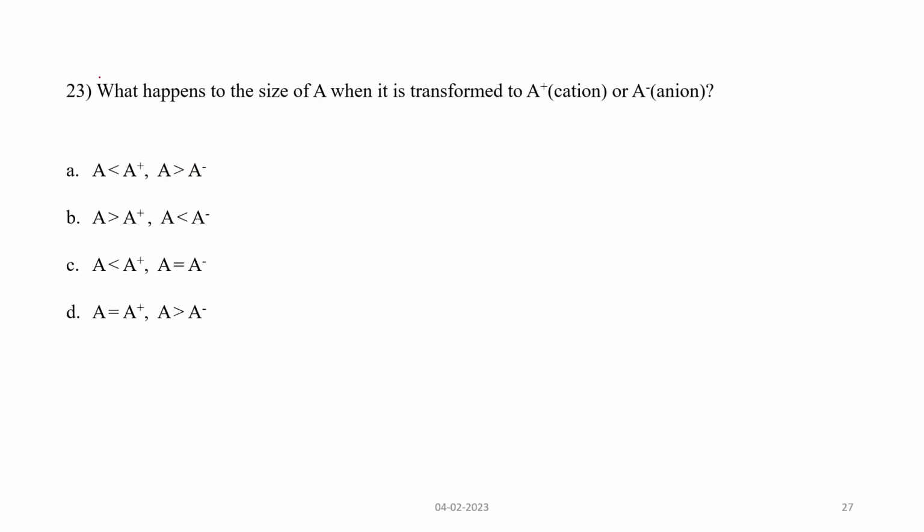And the next question is, what happens to the size of A when it is transformed to A plus, that is, forms a cation, or A minus, that's an anion. So when we form an anion from an element A, we add one electron. So the effective nuclear charge will be low, which means size will be high.